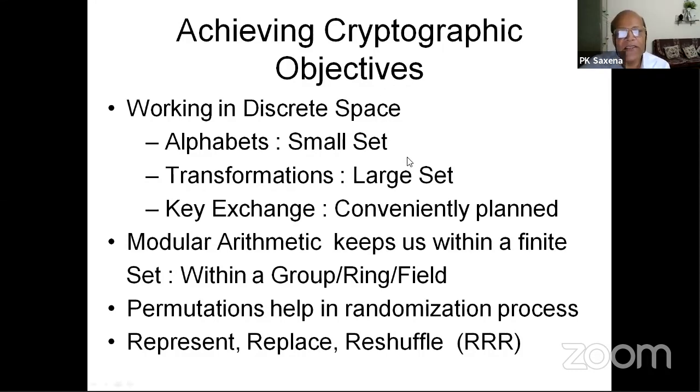But as far as the encryption is concerned, we have to represent the information in terms of some symbols, which we call alphabets. And then we have to think of some transformations. So permutations may be one transformation. Just permutation will transform the information.